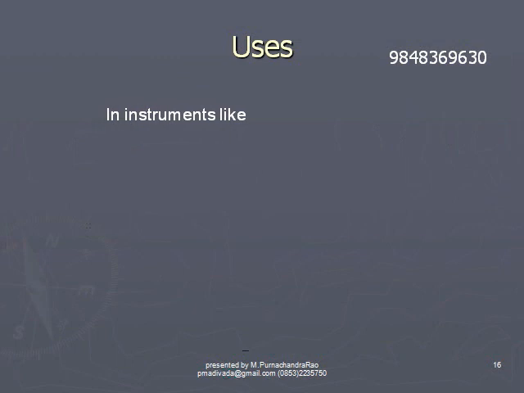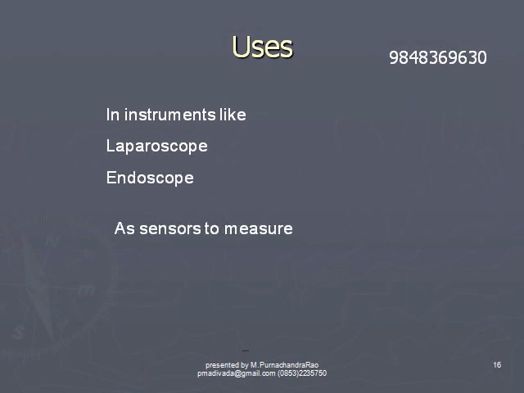Optical fibers are used in laparoscope and endoscope, which are the instruments used in the examination of innermost parts of the human body. Optical fibers are used as sensors in industry to measure temperature and pressure.